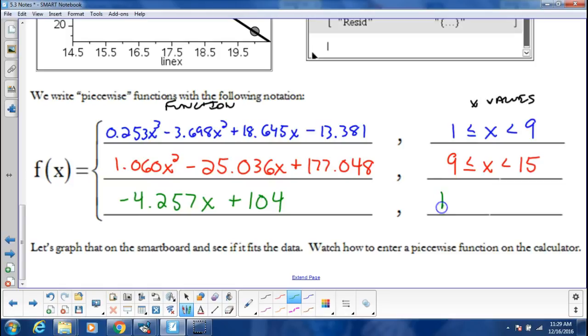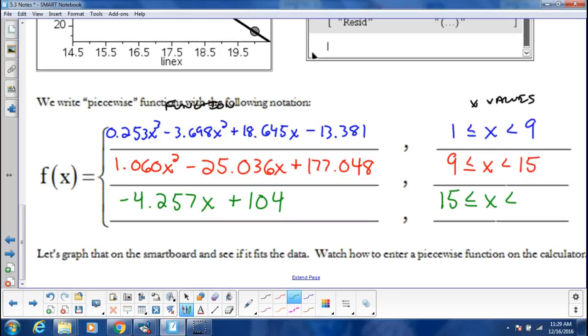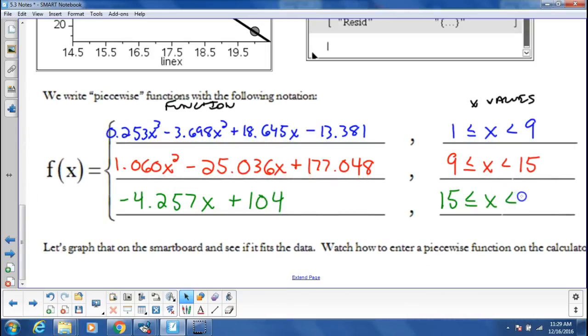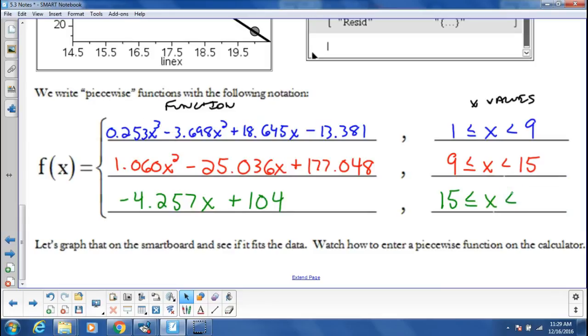And I'm on that from 15 until 20. Okay? So that now is my piecewise function.